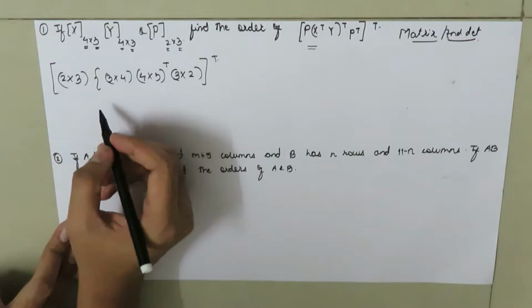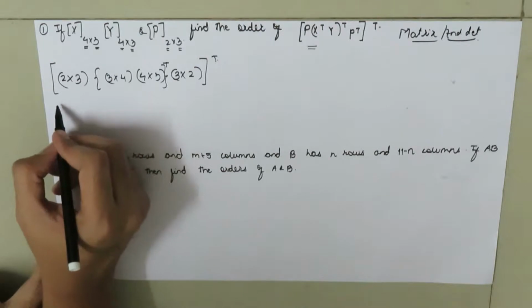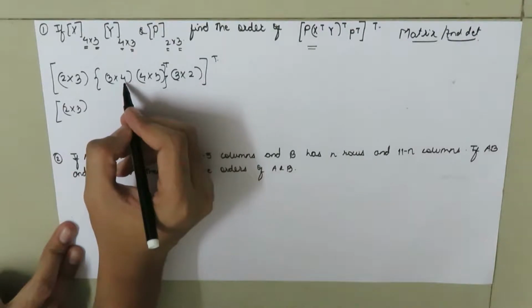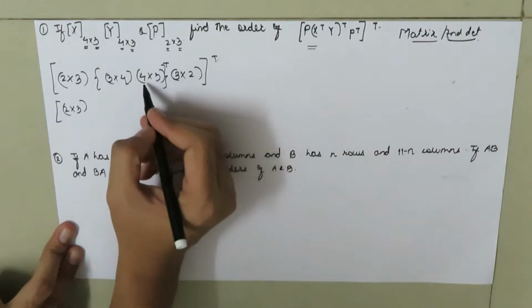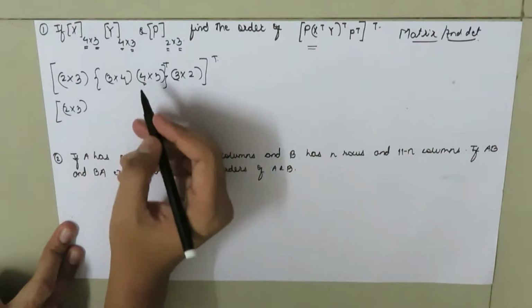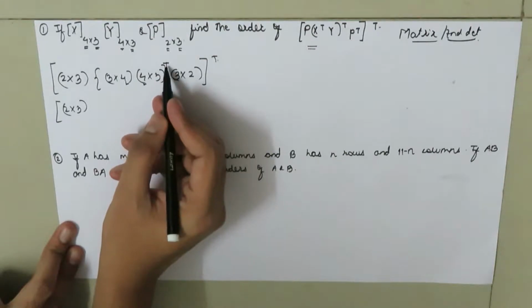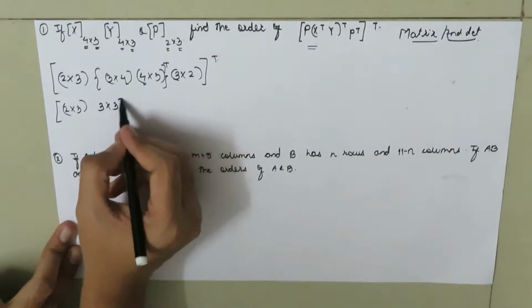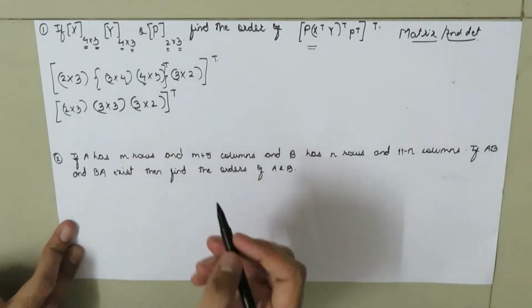So what we are going to do is, here we have another bracket, so here we have a 2 by 3 matrix and the columns of the matrix x transpose are equal to the rows of y. So we can multiply this and our resultant will be a 3 by 3 matrix, and when we take the transpose of the 3 by 3 matrix, it will again be a 3 by 3 matrix, and this is multiplied by a 3 by 2 matrix, and we are going to take the transpose of this whole term.